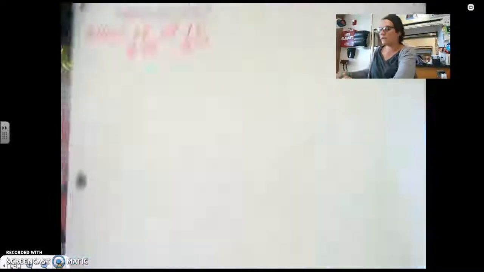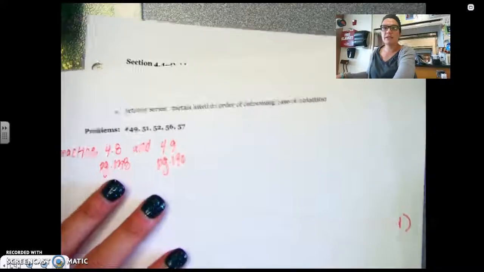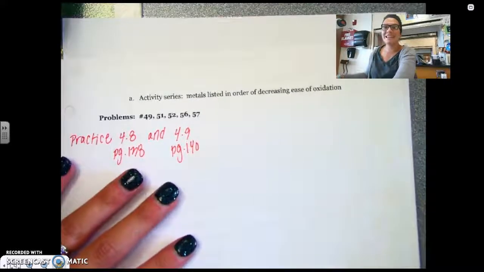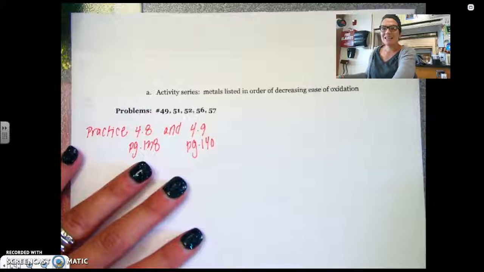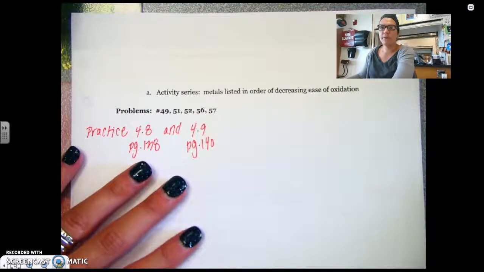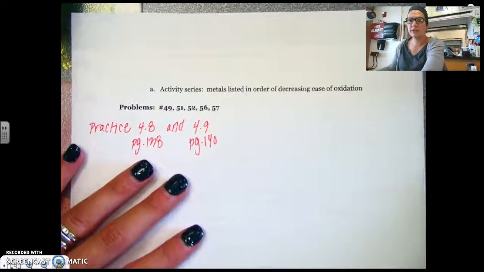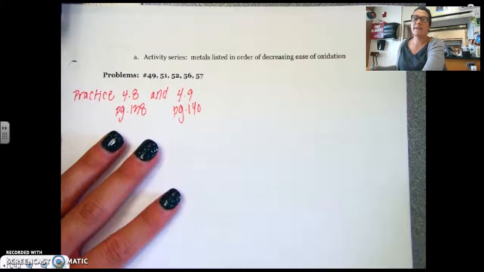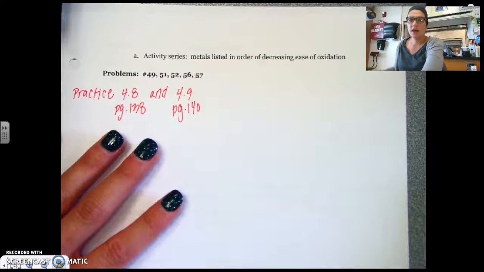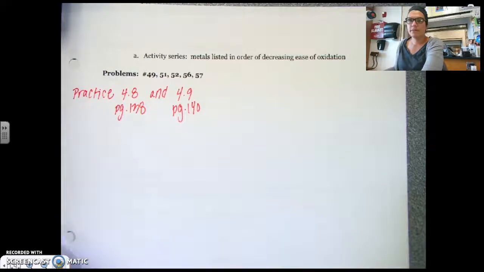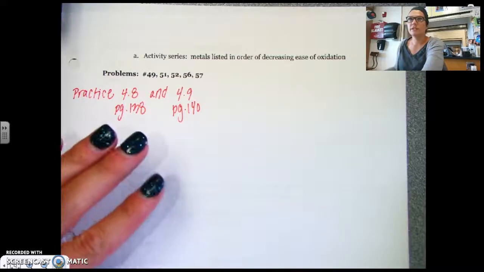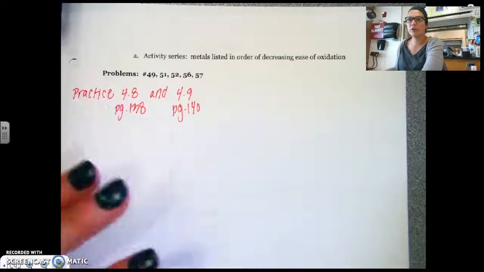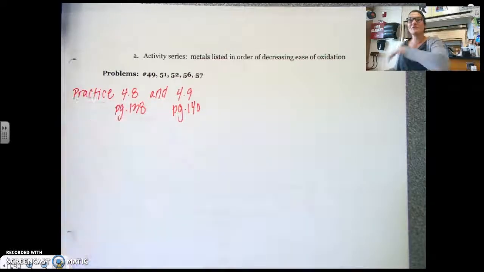An activity series is just the metals listed in order of decreasing ease of oxidation. So oxidation is going to be losing electrons, so the easier it is to remove them, the higher it is on the scale.